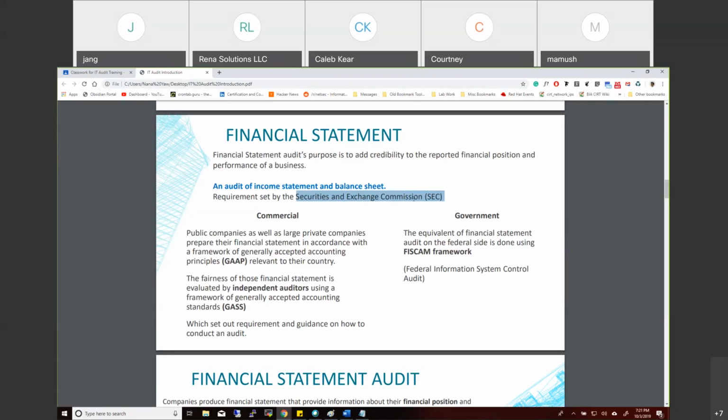We have the financial auditors and then we have the IT auditors. Financial auditors are those who get information, meaning the numbers coming out of the financial systems. Meaning, if a company has, let me draw it up.